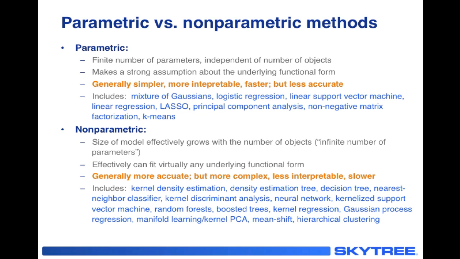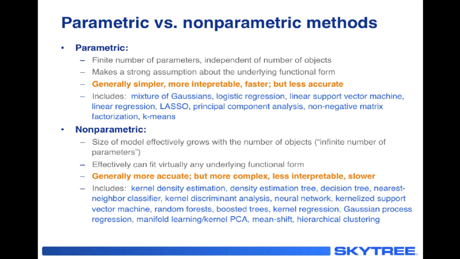So if you can prove that, under mild conditions on the underlying function, which normally has to do with smoothness of the function, the model approaches the true function, then it's formally non-parametric. So the main point is that these are generally more accurate.